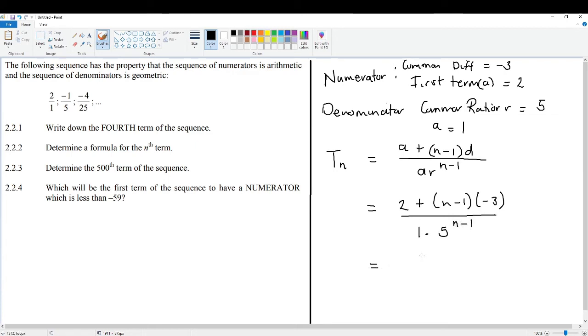I simplify this. This will be equal to 2 minus 3n plus 3 divided by 5 to the power of n minus 1. We'll simplify this. This will be equal to 5 minus 3n divided by 5 to the power of n minus 1. So that is our general formula for our term Tn.